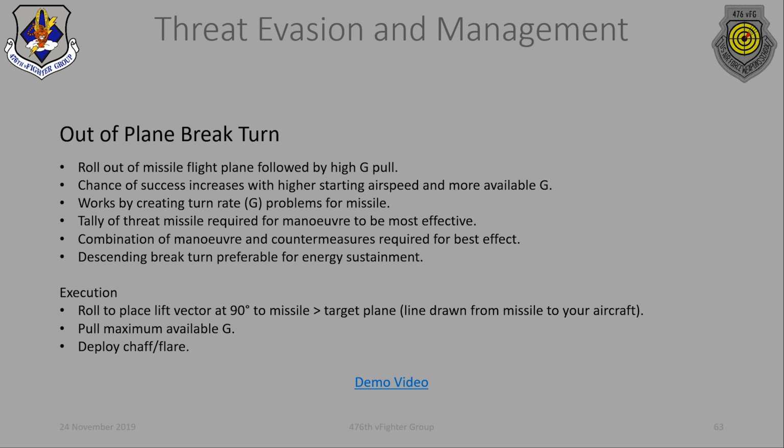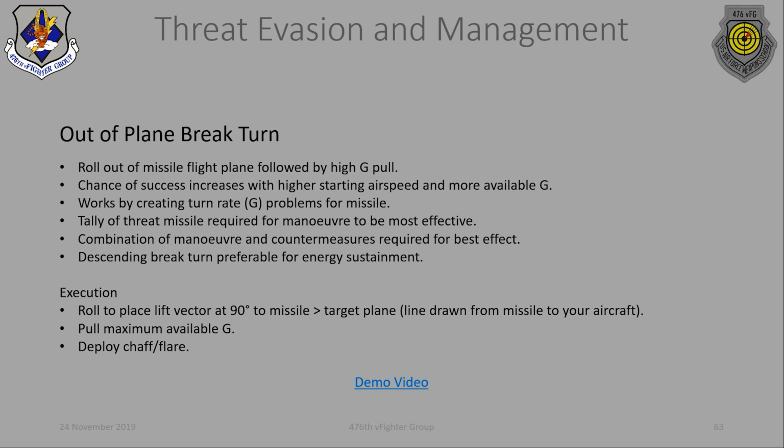The faster the airspeed you are when you start, the more effective it's going to be because you've got more G available. The way it works is you're creating turn rate and angle problems for the missile. So you maneuver out of plane, that missile has now got to maneuver in at least 2 dimensions to regain its intercept course on you, causing it to either bleed energy if its motor's already burnt out, or potentially to exceed its capability to turn even if the motor's still burning.